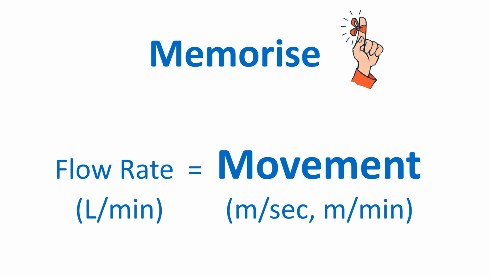Hydraulic and pneumatic systems use a combination of pressure and flow rate to do work. There is no point being able to move 1,000 kilograms nowhere. And there's no point also in moving no weight at 100 meters per minute. So we need flow rate and pressure to be able to do work.